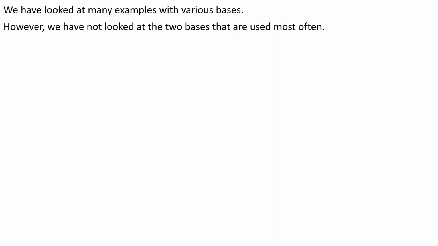Now, there are two bases that get used more than any other. The one you can probably guess quite quickly: base 10. When we talk about magnitudes of earthquakes, we're talking about the exponent, but the base is always 10. So a 7.1 magnitude earthquake is 10 to the 7.1 power.